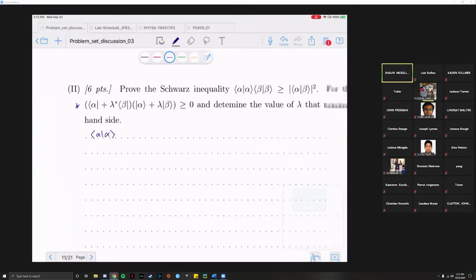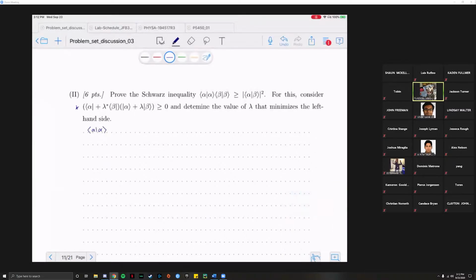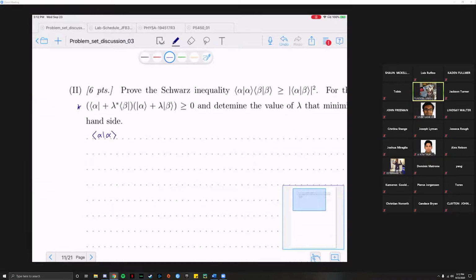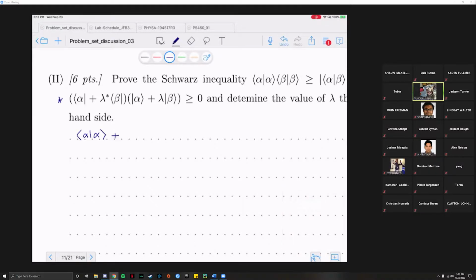Right. So yeah, I was saying let's follow the suggestion, and to do that we start from this inequality that is given to us, and we expand it. And also by expanding it, we are going to see that that inequality is valid. So I have alpha, I have maybe lambda square, beta.